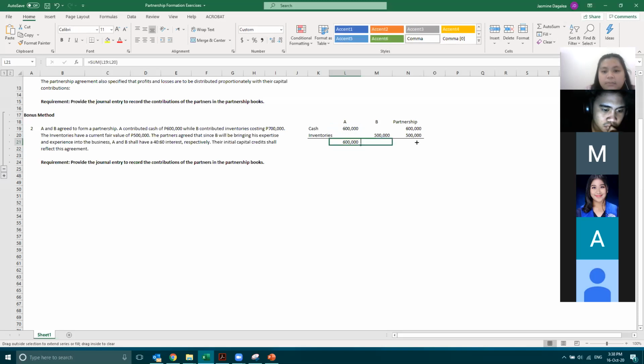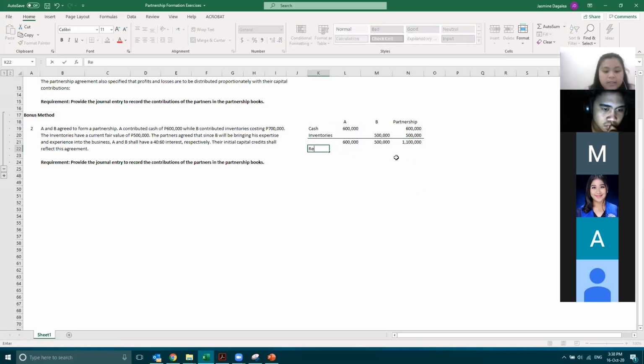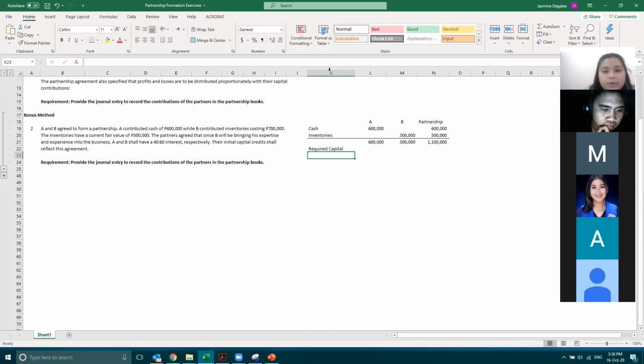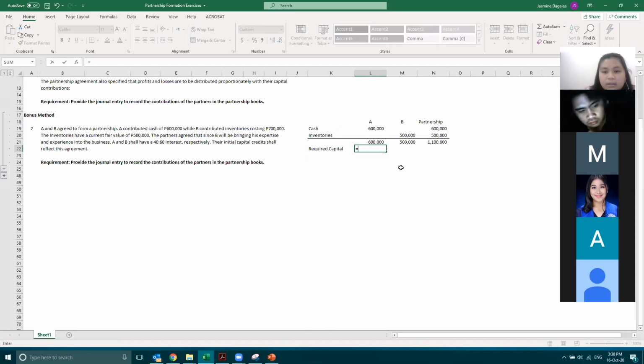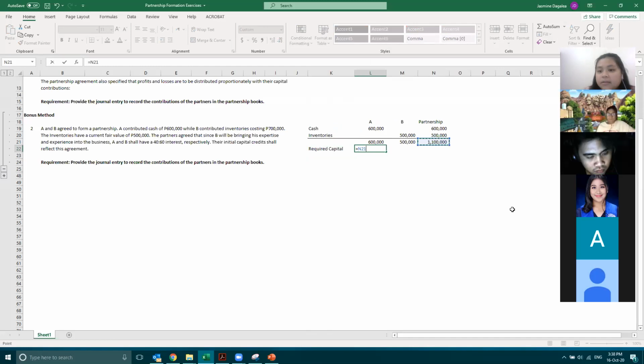So, ganito lang yung pag-plot nyo. Tapos, required capital. Ano nga ba yung ratio? Kay A is 40-60, ma'am. So, yung total partnership contribution is 1.1 million times magkano yung kay A? 40%.